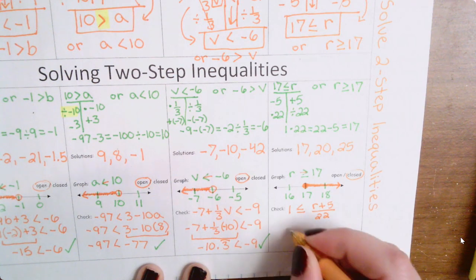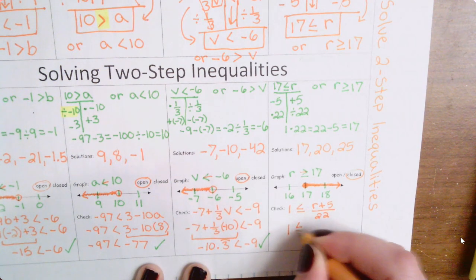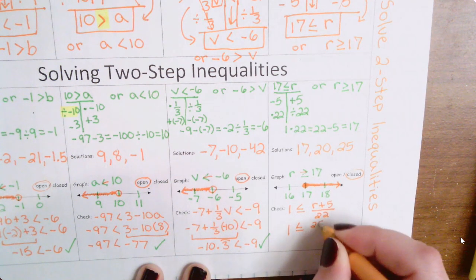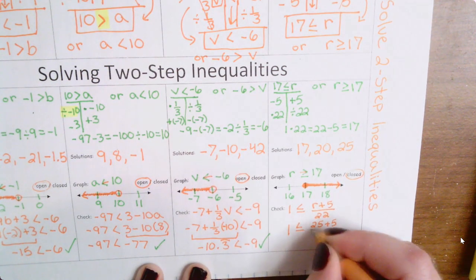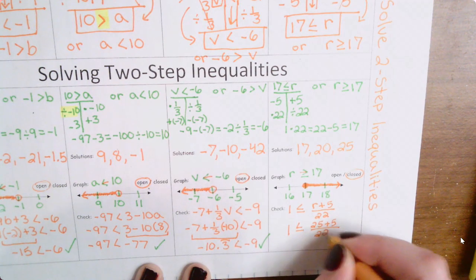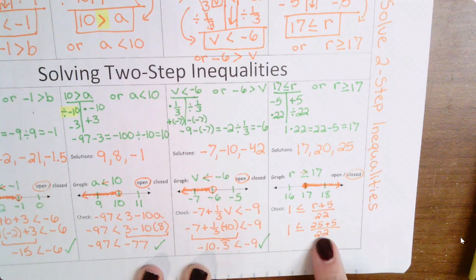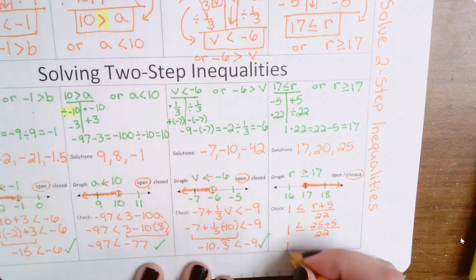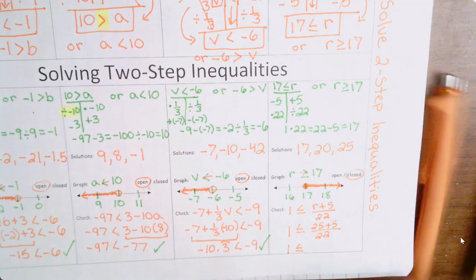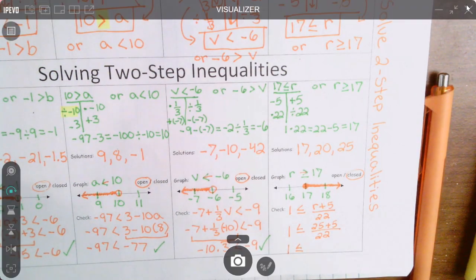So I will say 1 is less than or equal to 25 in the place of r plus 5 over 22. So this side over here is all I have to put into Desmos because, again, there's nothing to calculate over here. So 1 has to be less than or equal to, let's see what that would wind up being.